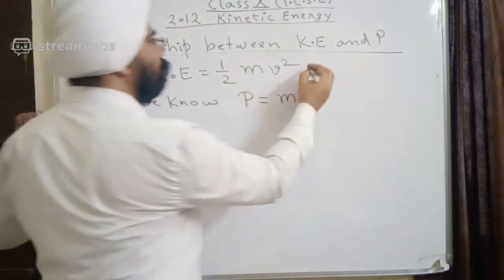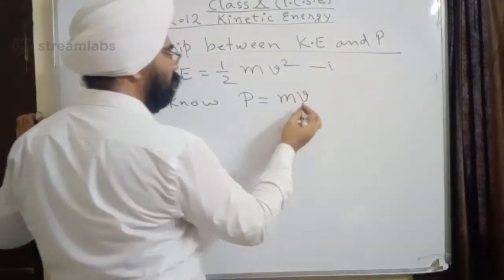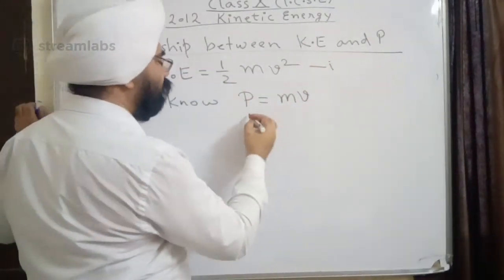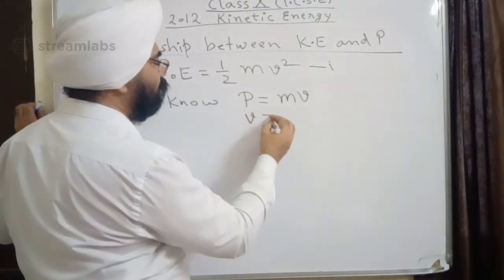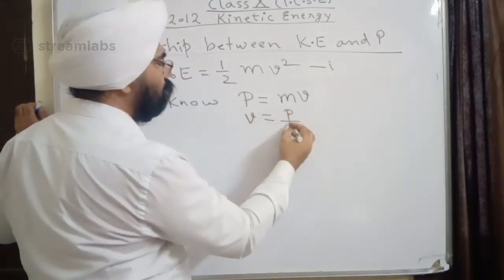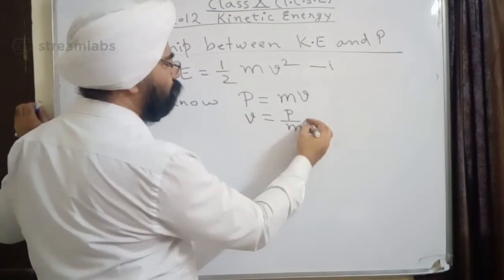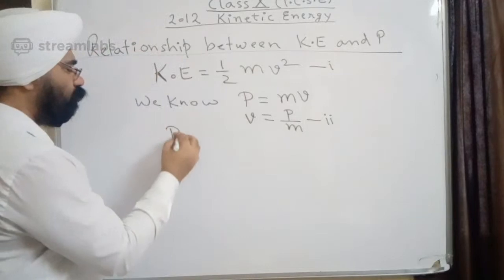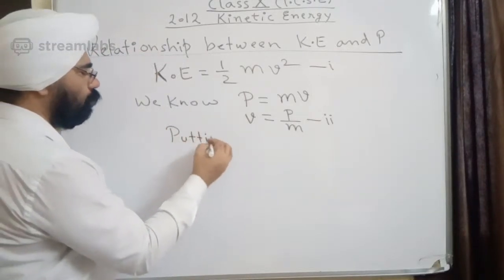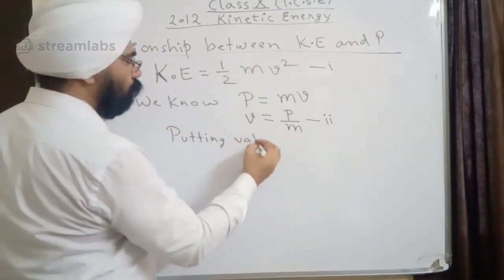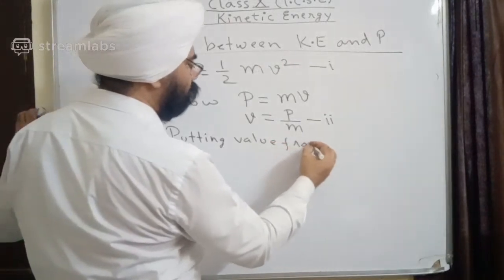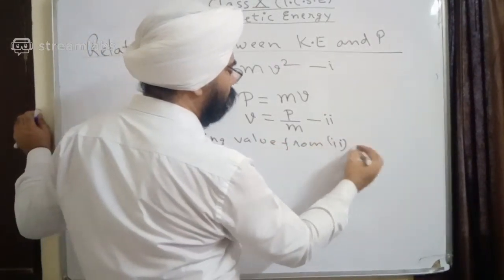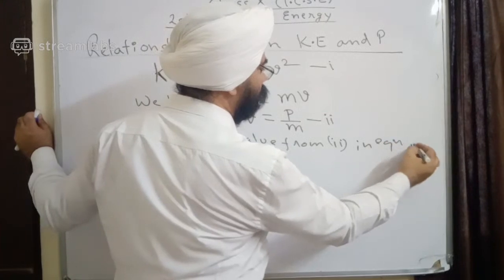So this is one, and this we exchange. We find velocity in terms of momentum and mass, so it becomes p by m. This is our second expression. So we put the value from 2 in equation 1.